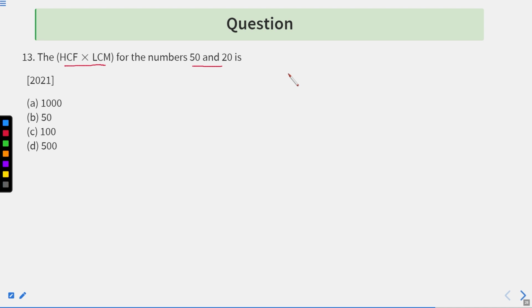If we have two numbers A and B, then HCF of A, B into LCM of A, B is equal to A into B. Here A is 50 and B is 20.